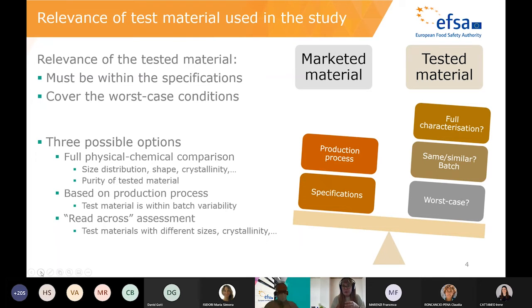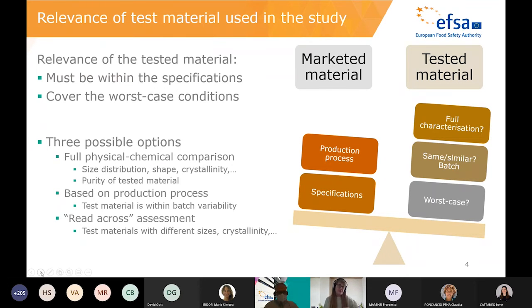And another possibility is that we can base comparison if the old material used in the studies can provide information for the material which is on the market. It is the test material. We compare its production process, and always for new or for old, the test material should be produced in the same manner.